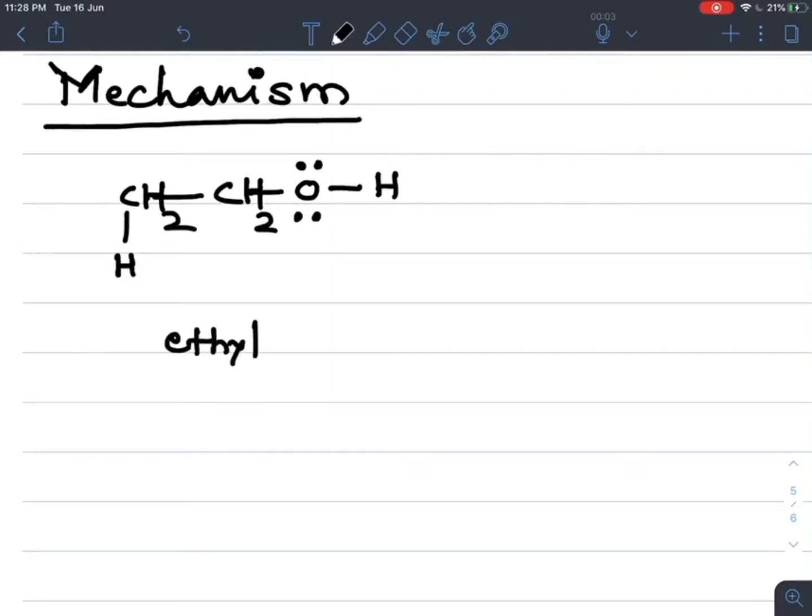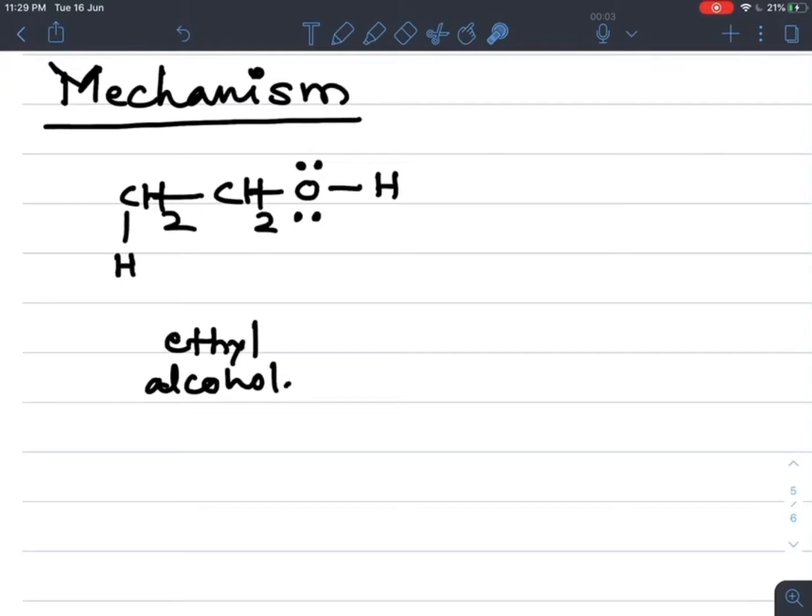To show the mechanism, I can write this hydrogen separately. This is actually CH3CH2OH. So the name of CH3CH2OH is ethyl alcohol. When ethyl alcohol undergoes dehydration, that is removal of H2O, this OH group does not break this bond easily.